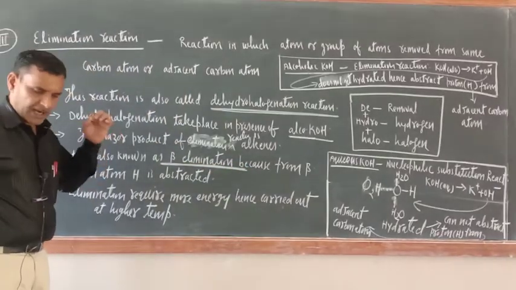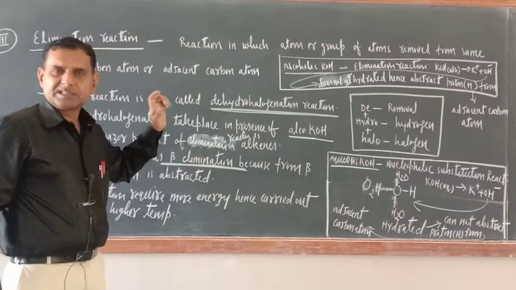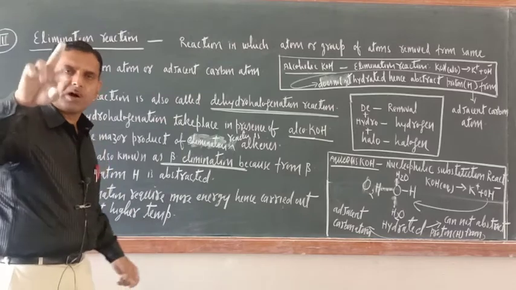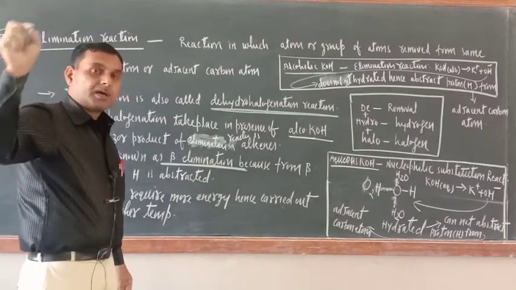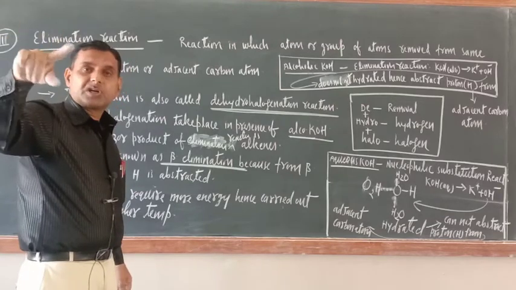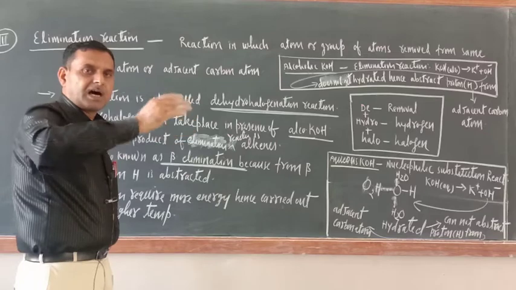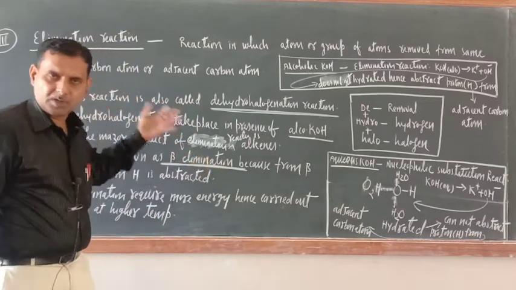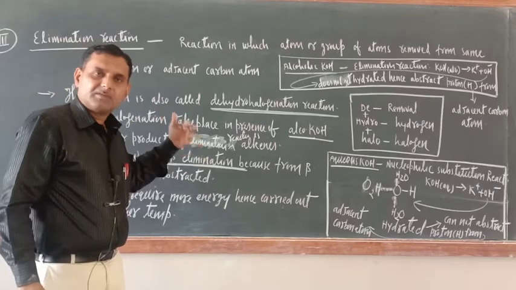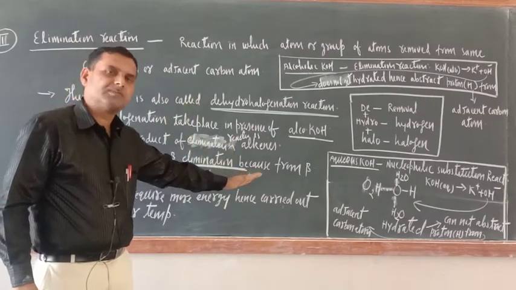Alpha, beta, gamma, delta: in the IUPAC system we number carbons 1, 2, 3, 4. But in the Greek system, the functional group carbon atom is alpha, the next carbon atom is beta, then gamma, delta. So this is the Greek nomenclature system. The carbon atom soon after the functional group carbon atom is known as beta.